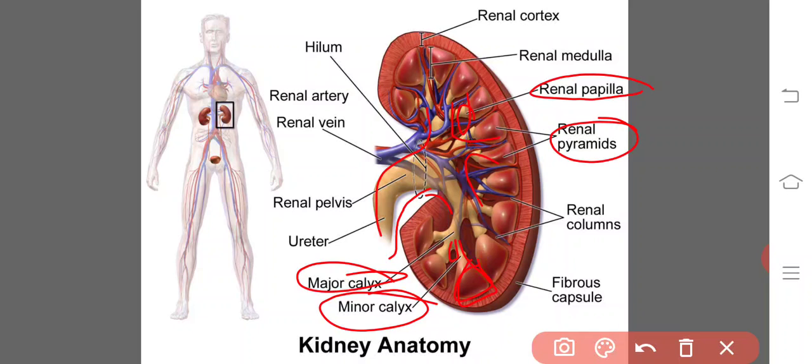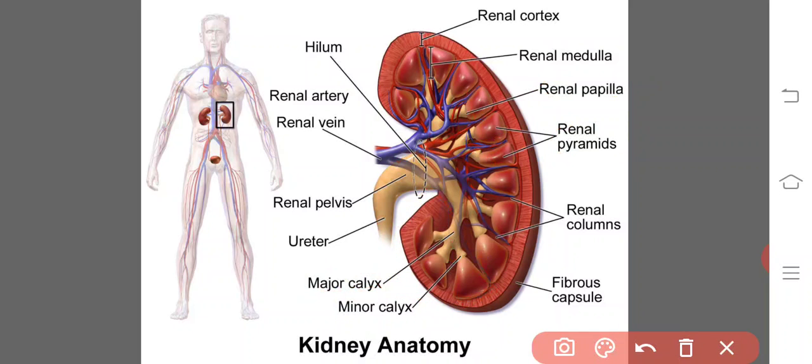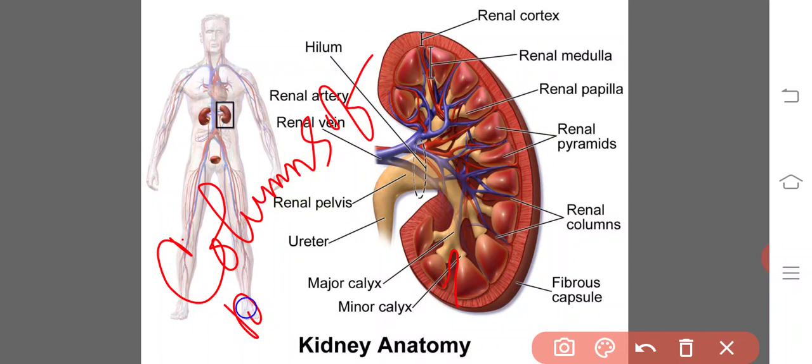If you observe further, the cortex penetrates into the gaps between the pyramids. These gaps in between the renal pyramids are known as the columns of Bertini.